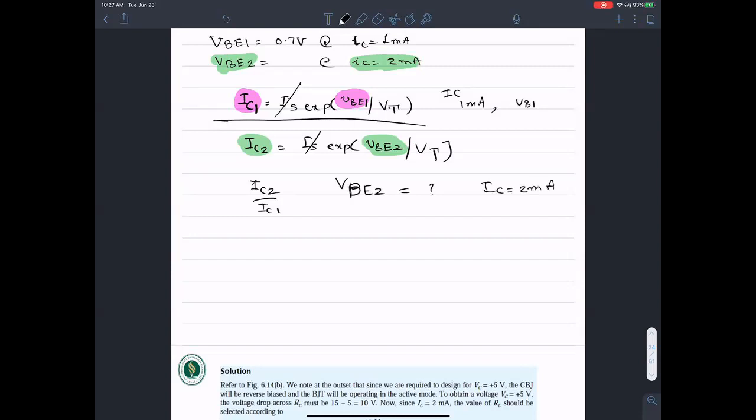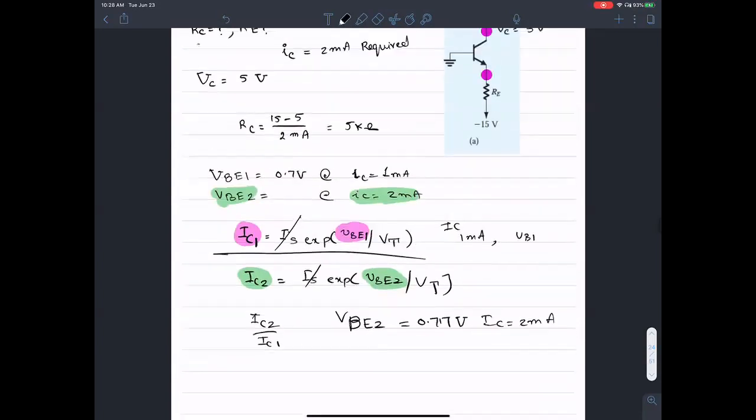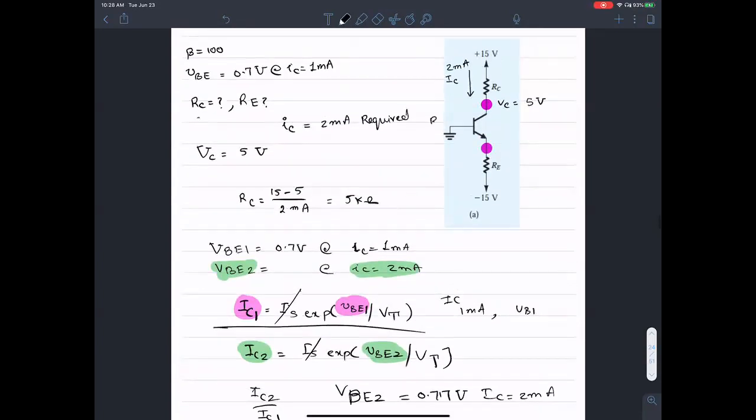And if you plug in the numbers, that's going to come out to be 0.717 volts. Okay, so V base to emitter should be 0.717 volts. Okay, questions, please. Questions so far?